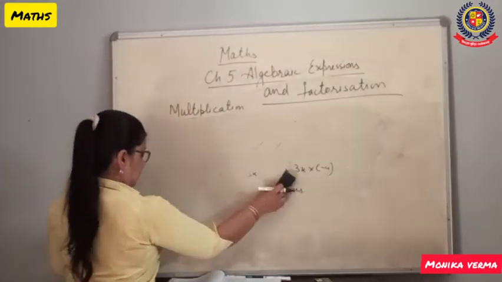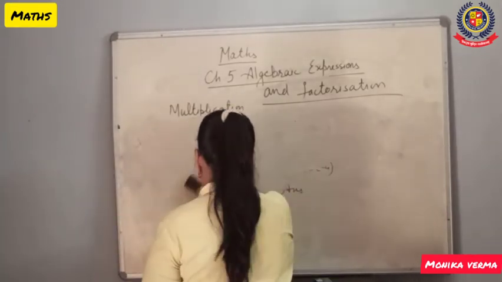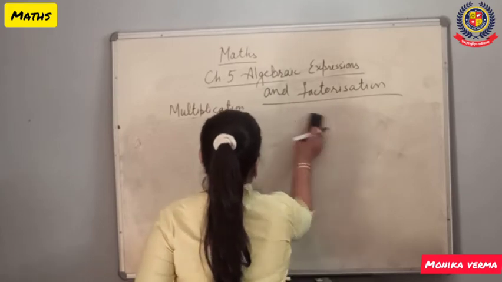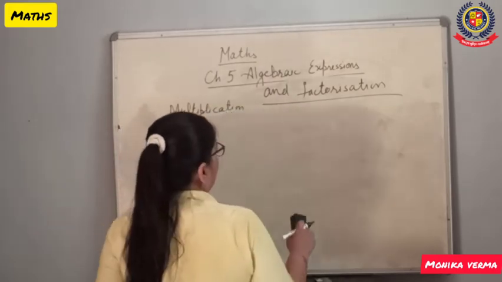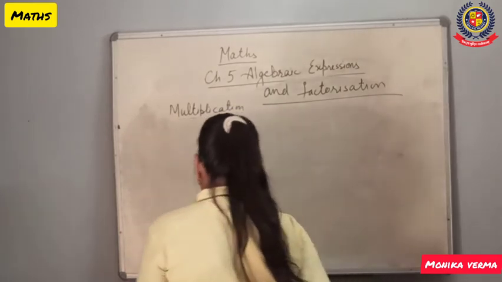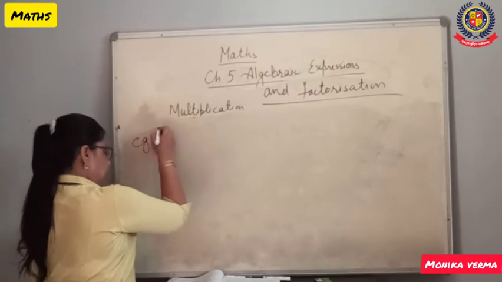Next we are having multiplication of two polynomials. Means both of them can be binomial, both of them can be trinomial, or one binomial, one trinomial, they could be anything. But the method is always the same.